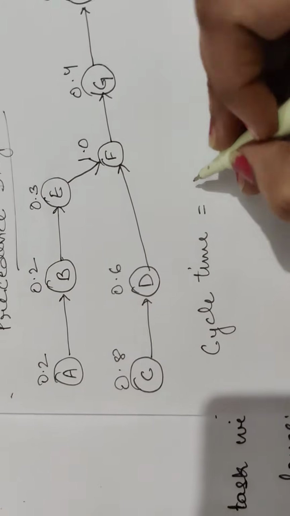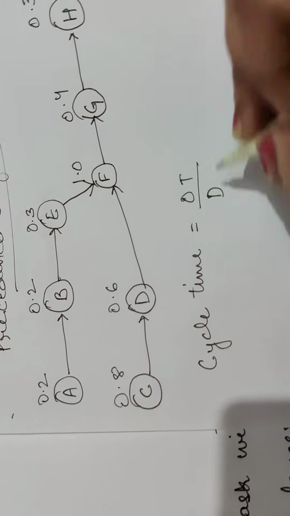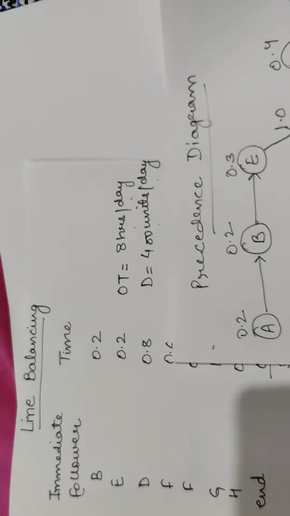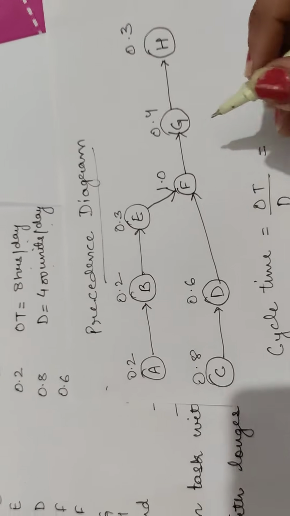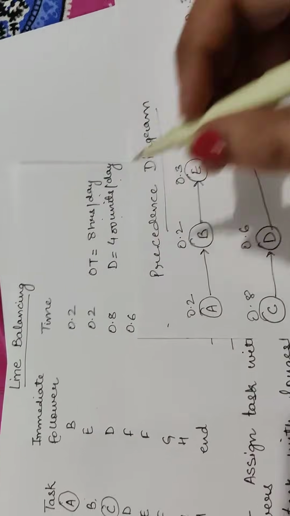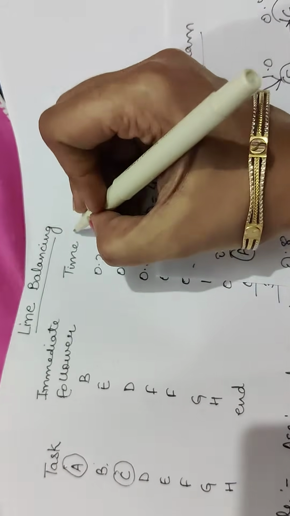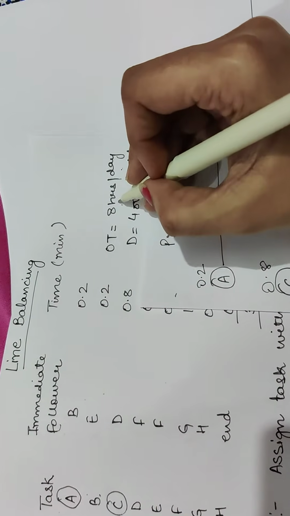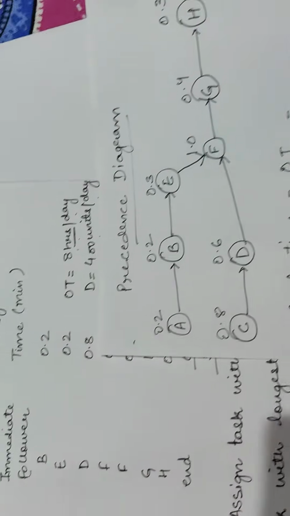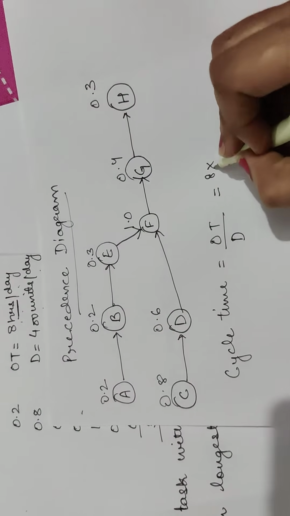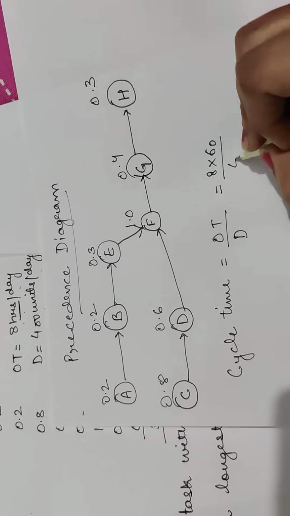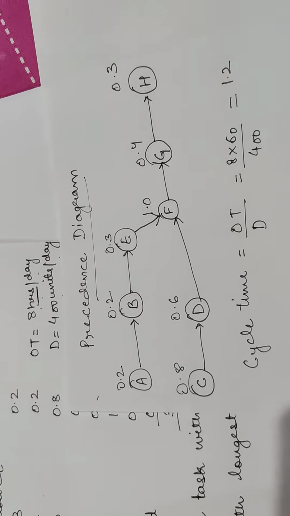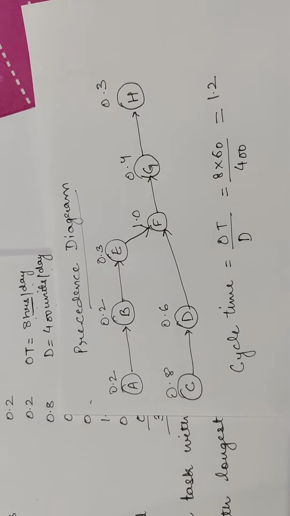Operating time they have given you as 8 hours per day, and the time given here is in minutes, right? And this operating time is given in hours. So we will convert these hours into minutes by 8 into 60 divided by 400 units, that is the desired output, which is giving me 1.2 as the cycle time.